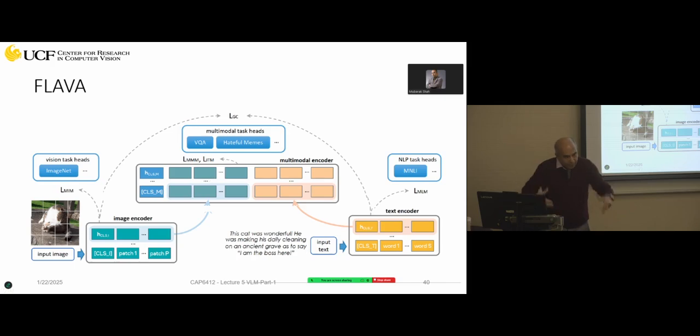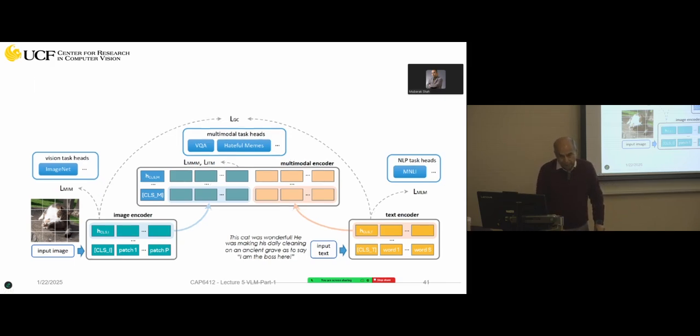In order to train this, you need all those losses. For this one, they use masked image modeling. Remember we talked about the masked autoencoder. You take an image, you take some patches, you mask them, and you predict the masked tokens, and you learn that way. And here also you can do the same thing.